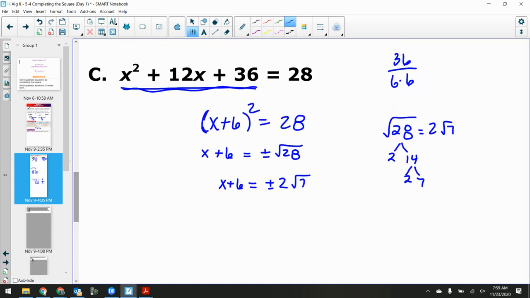So if I wanted to find a value, I could. I'll just plug it in my calculator. 2 radical 7 turns out to be probably like 5.3 or something like that. It's just a decimal. So please understand that I could just get a number here if I wanted to. But to keep it exact, I'll subtract the 6 to the other side. I'm going to say negative 6 plus or minus 2 radical 7, and that's my answer.